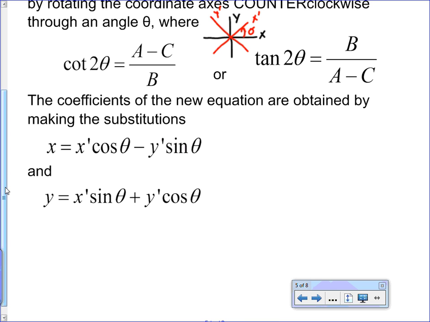So I'll give you a minute to write those down. Double check to make sure you have the correct order. You have the correct sign, positive or negative on both of those.